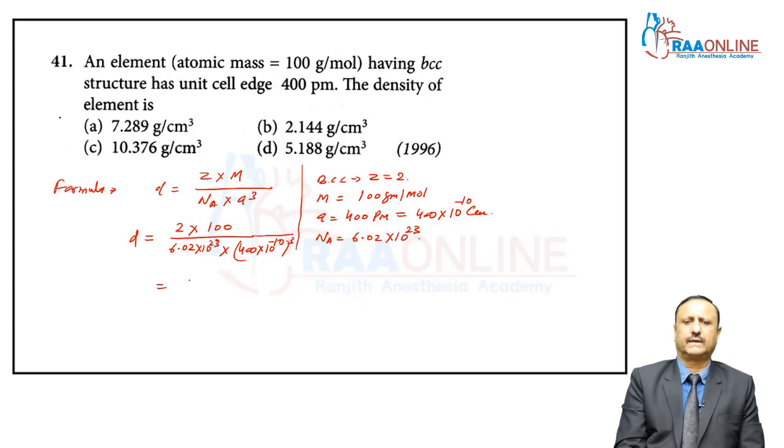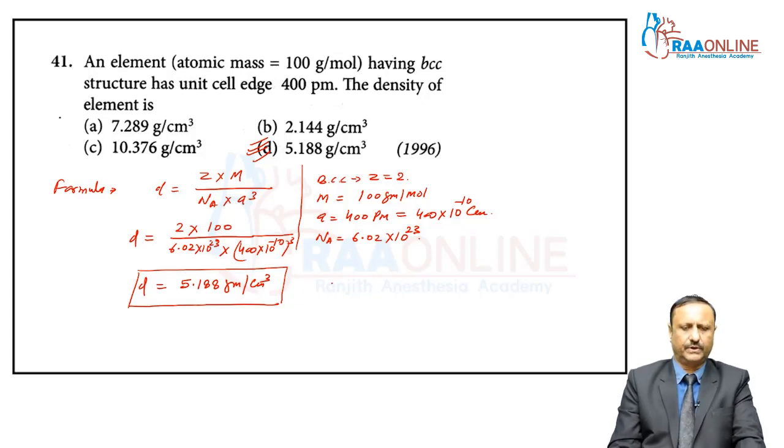You can get the density equal to 5.188 grams per cubic centimeter, and this is the answer for question number 41. Option D is the correct answer. Now we can see question number 42.